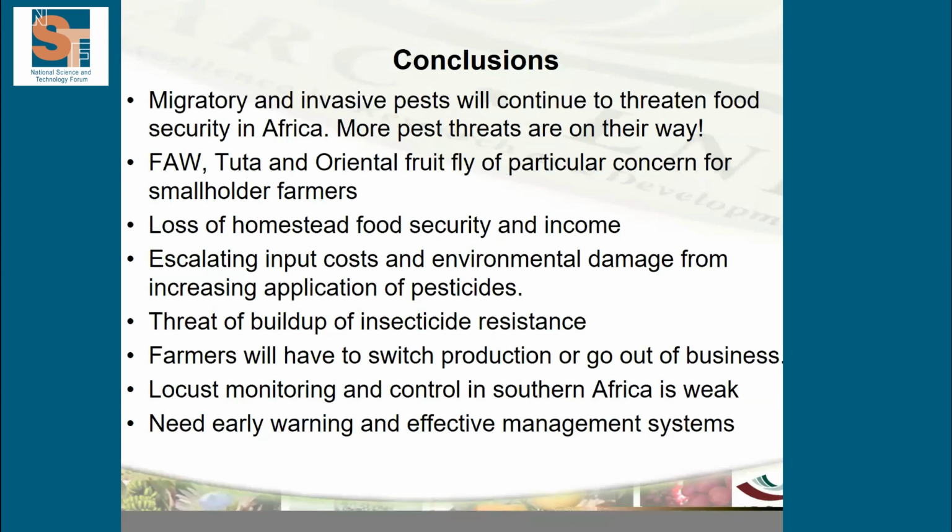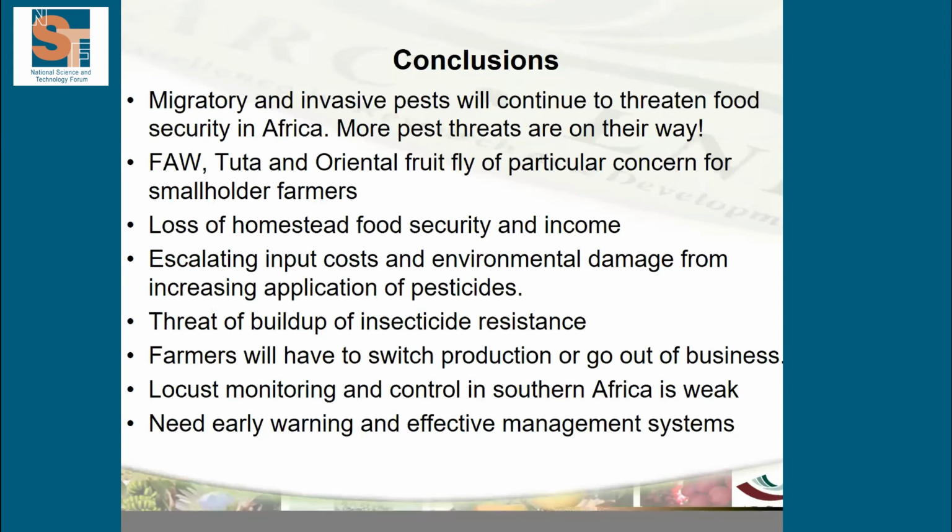The conclusions are that migratory and invasive pests will continue to threaten food security in Africa. And you can talk to Jan Hendrik, there's plenty more pests on their way here. There's plenty of things out there that are coming into South Africa, or will come soon.